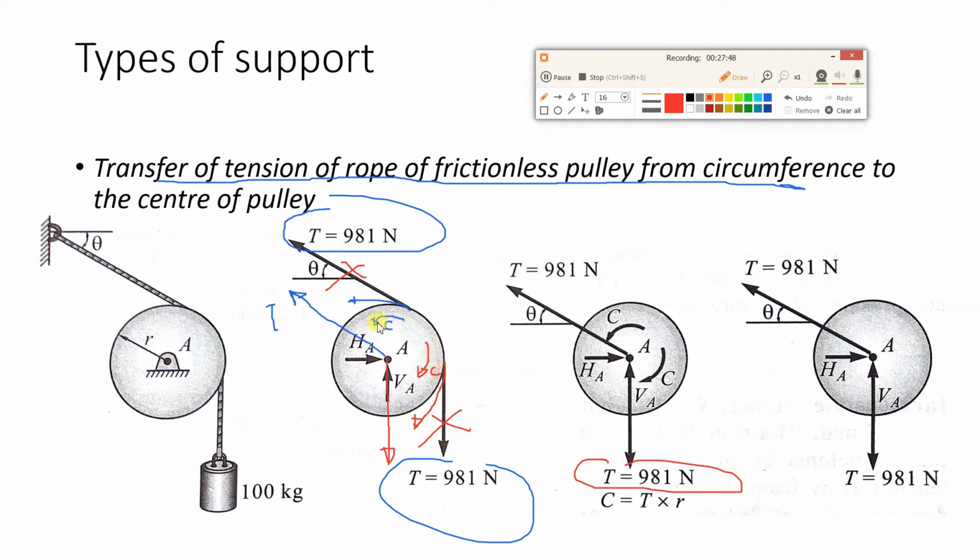So this couple is anti-clockwise, this couple is clockwise. And if you see the radius, the perpendicular distance, this is the same, right? It is the radius of the pulley. So the radius of the pulley is the same. So basically both the couples are the same, so they will cancel out each other. So without even showing this couple, you can directly transfer the tension which is there along the circumference to the center. That is the conclusion from this activity.